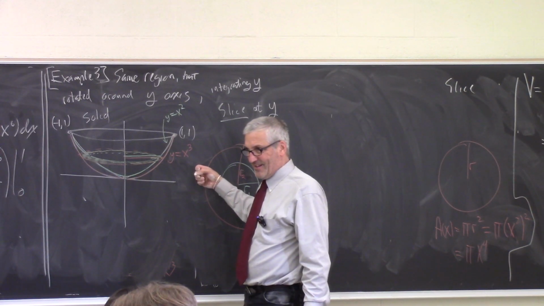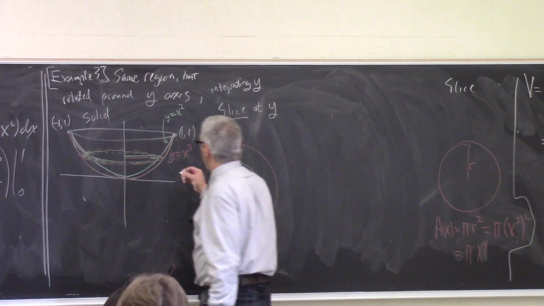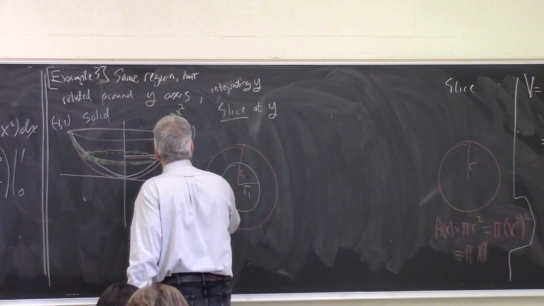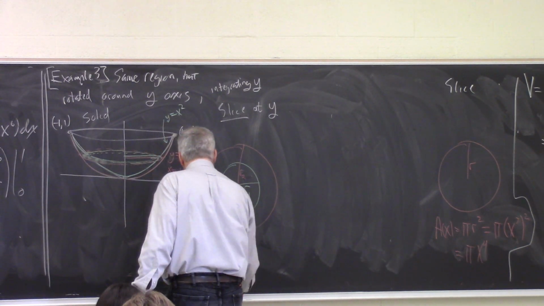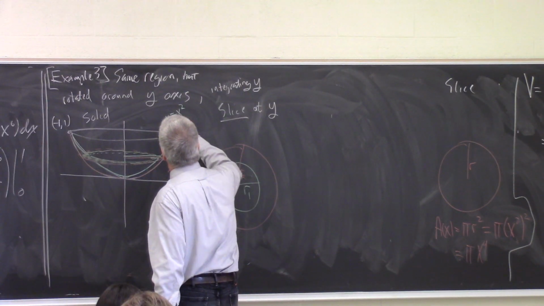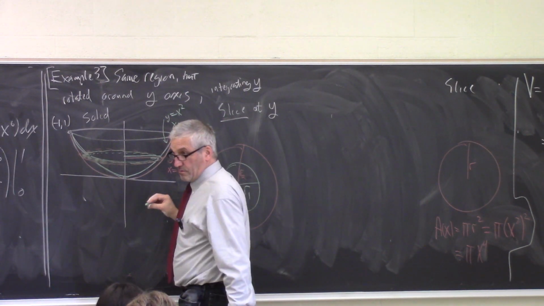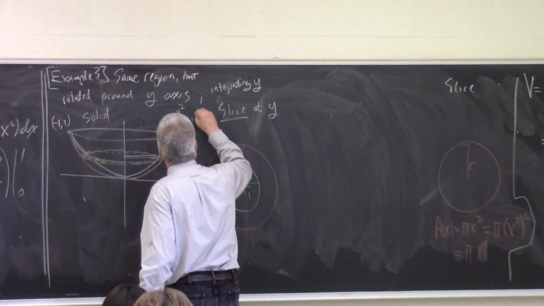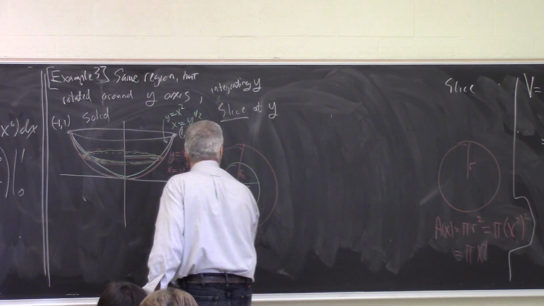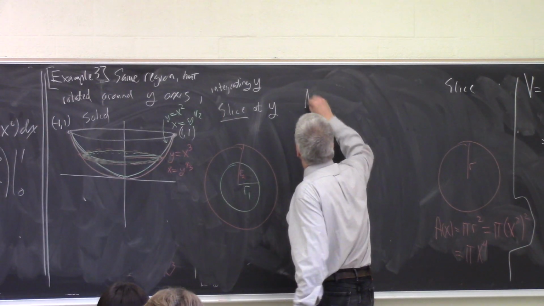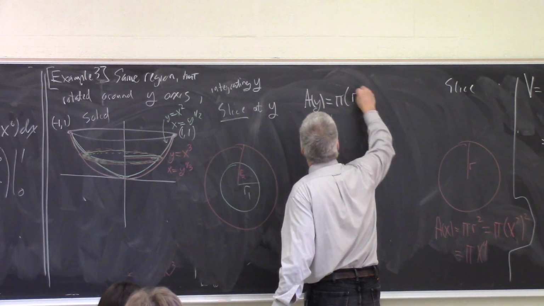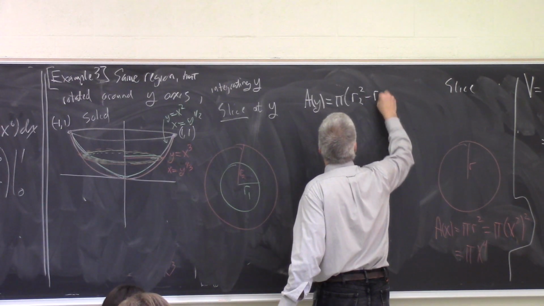So what is x? Ooh, was your hand going up? Yeah. x is the cube root of y. Yeah, so x is y to the 1/3. And what about for the green segment? x equals y to the 1/2. So the slice has area that depends on y, and it's going to be pi times r2 squared minus r1 squared.